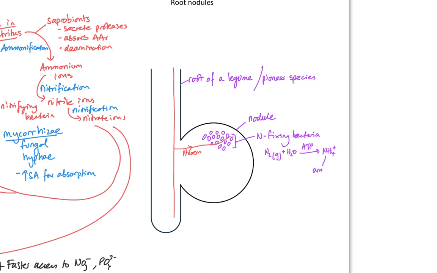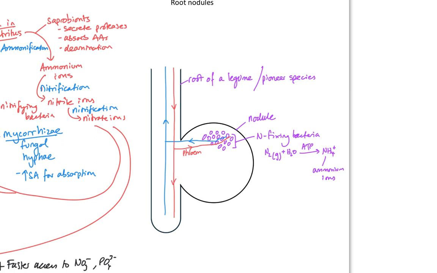So in the xylem, here's our xylem at the side, this is also connecting to it, but the xylem's going this way. Phloem's coming down because it's coming from a source to a sink. So the phloem's coming down, and the xylem goes up, and therefore the xylem's going to take the ammonium ions up to the leaves.